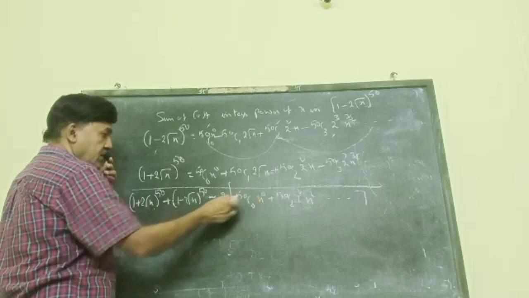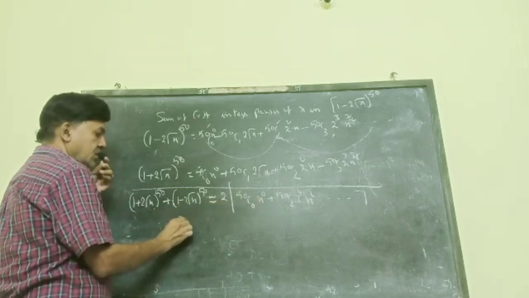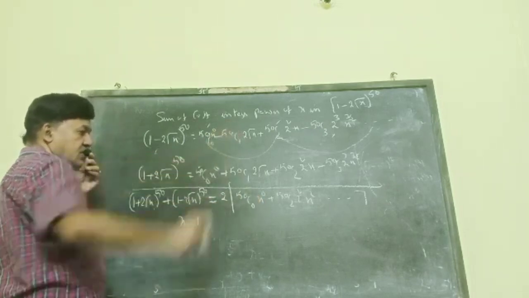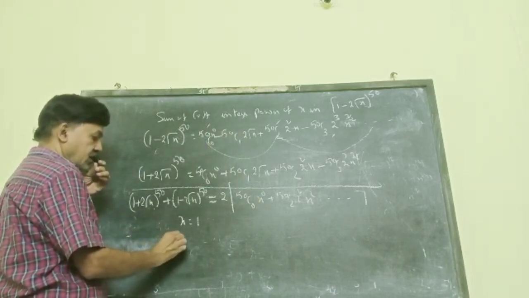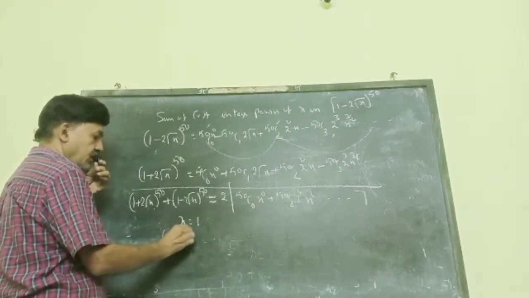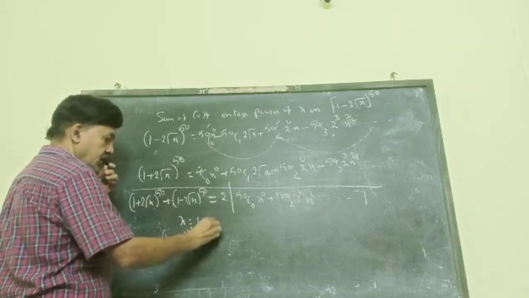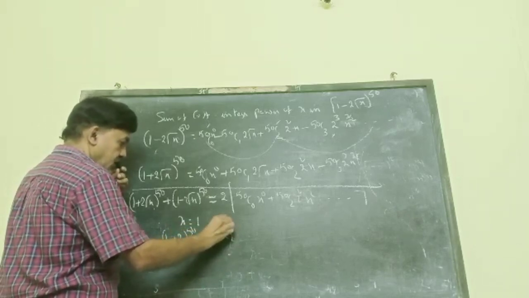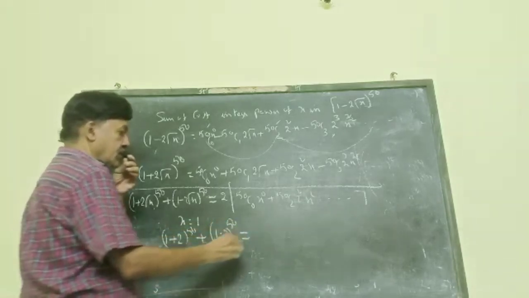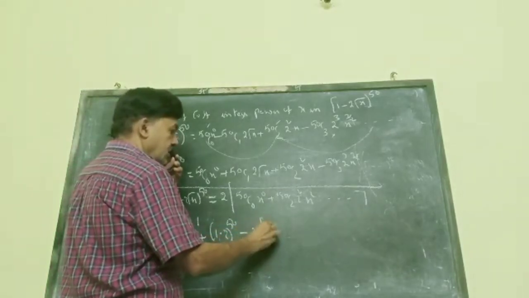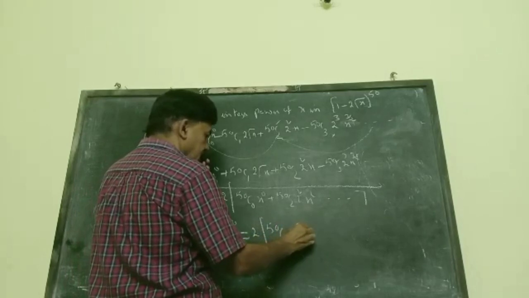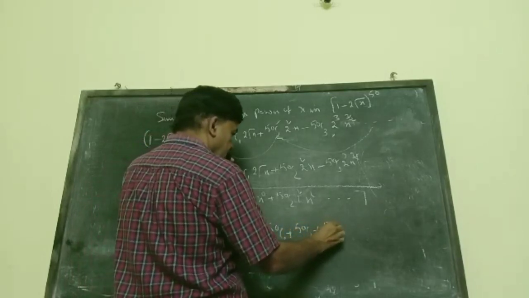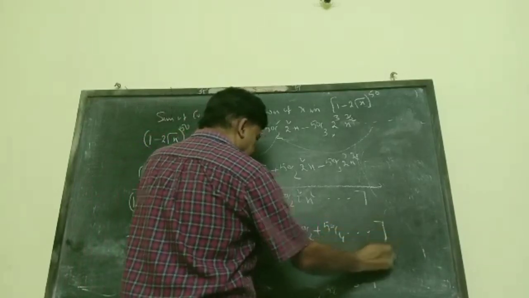In order to find the coefficients, you put x equal to 1 on both sides. This becomes (1 plus 2) whole power 50 plus (1 minus 2) whole power 50 is equal to 2 into (50C0 plus 50C2 plus 50C4, etc.)